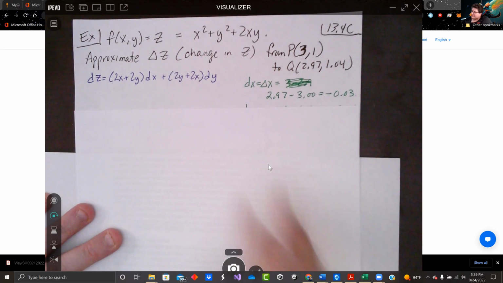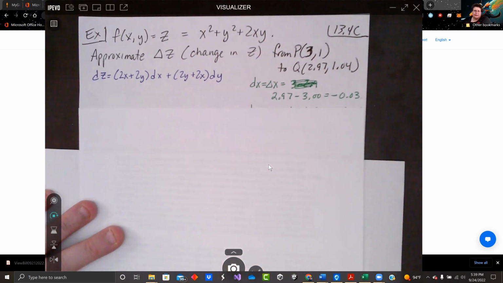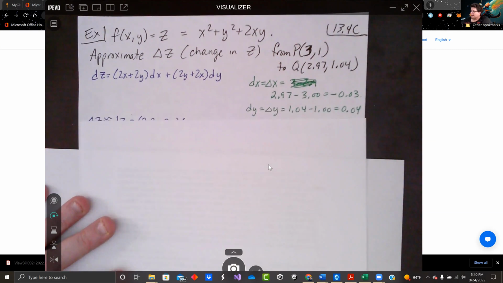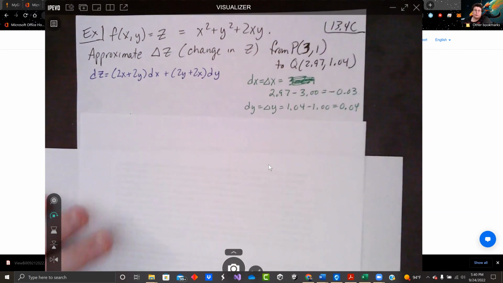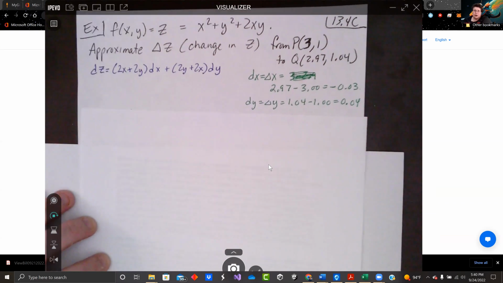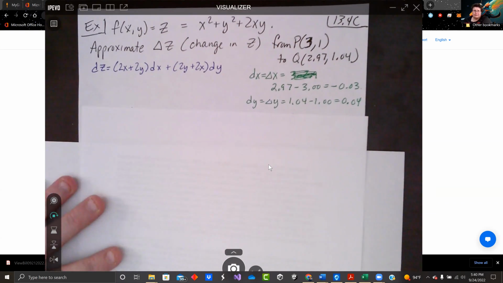But we want to approximate it using this. So notice our dx, our change in x, 2.97 to 3 is negative 0.03. And our delta y is 1.04 minus 1, which is 0.04. We're going to plug in everything we have here.